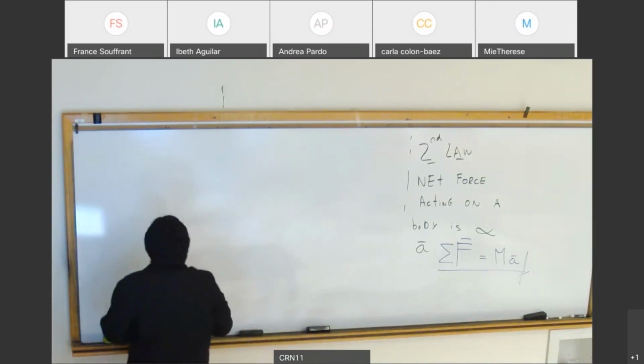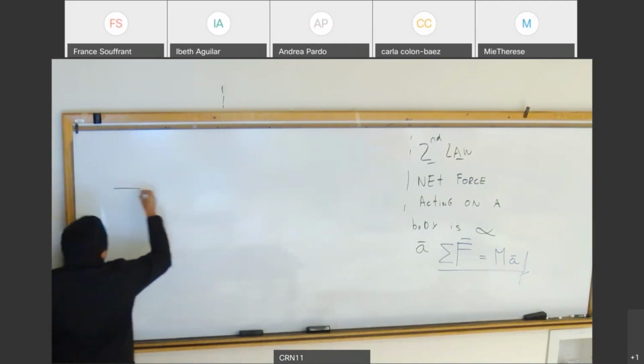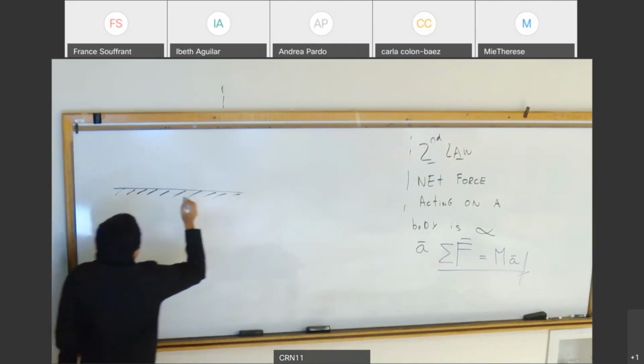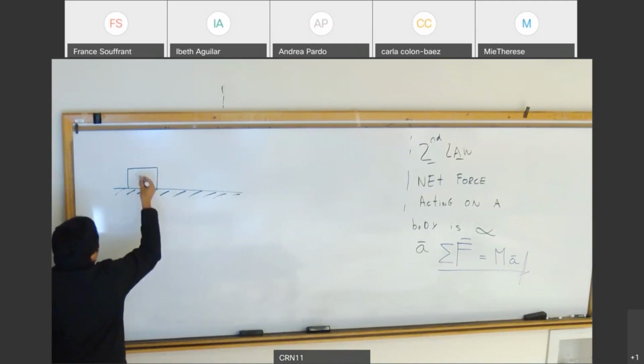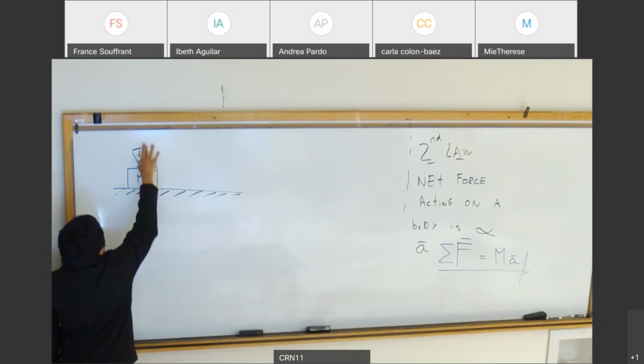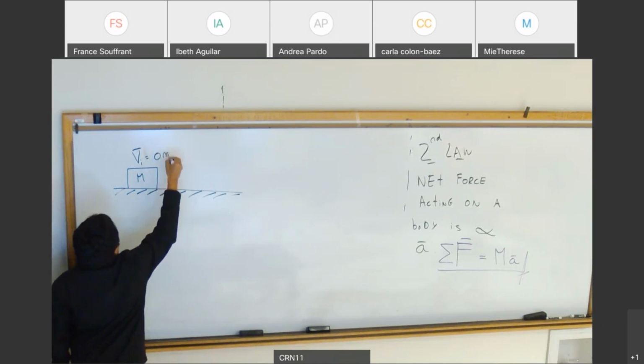If you have an object, call it m, that is accelerated, where the initial velocity is 0 meters per second.